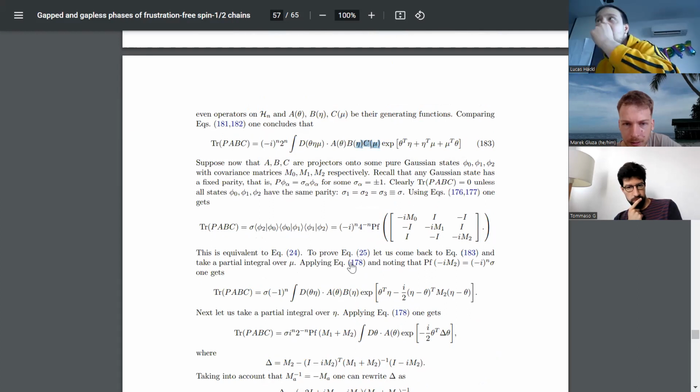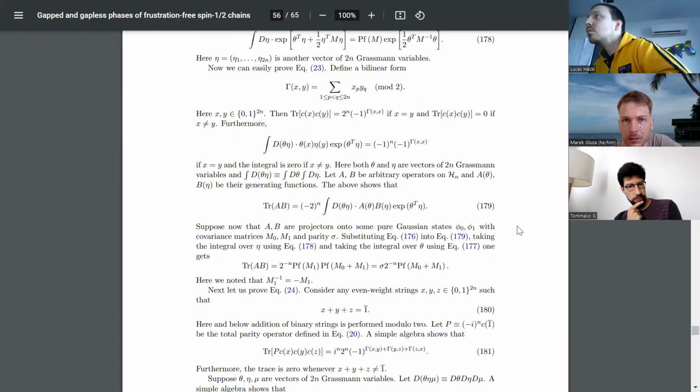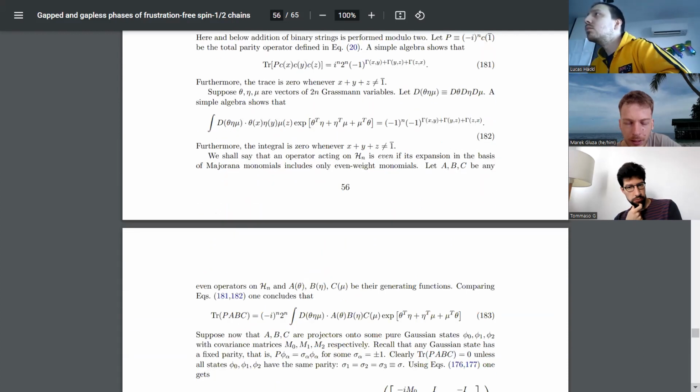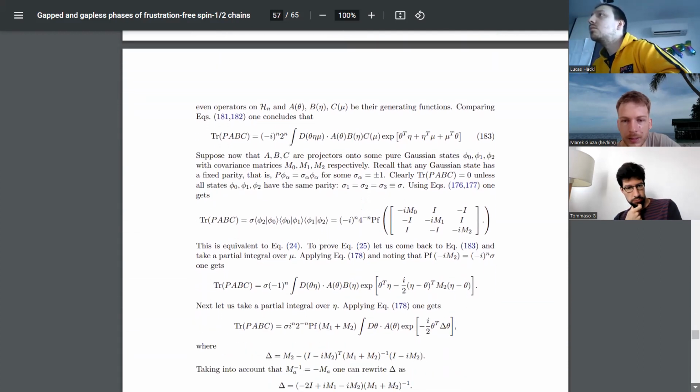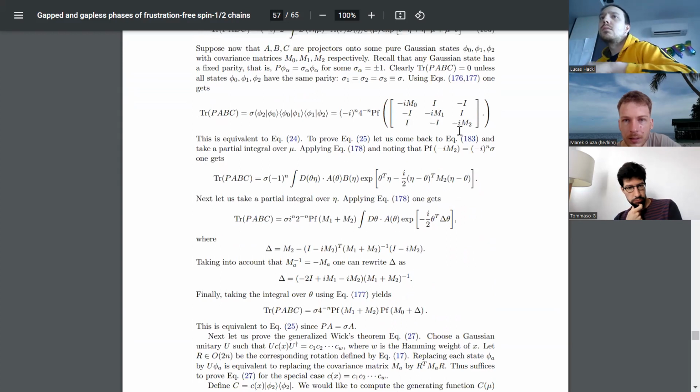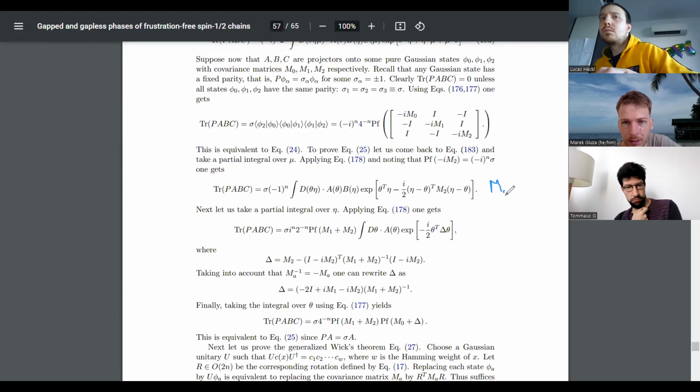Then we are using 178. 178 was this partial integral, and step by step we are moving forward. And now we have, for example, this m2, but the inversion of m2 is actually minus m2. So we get a minus sign because they are pure states. So already one thing that is maybe tricky is that this is minus m2.